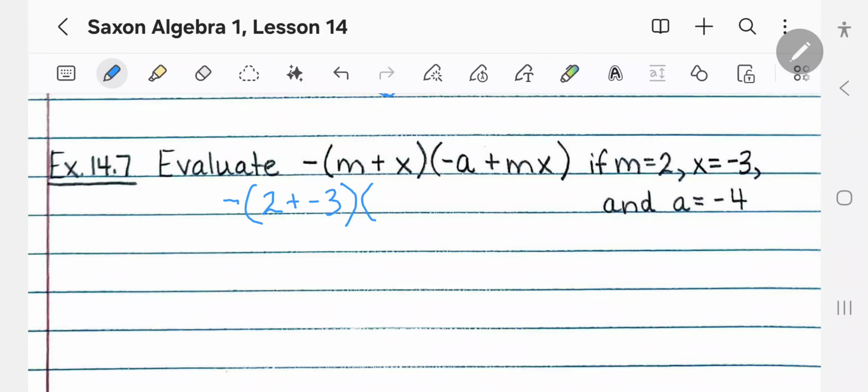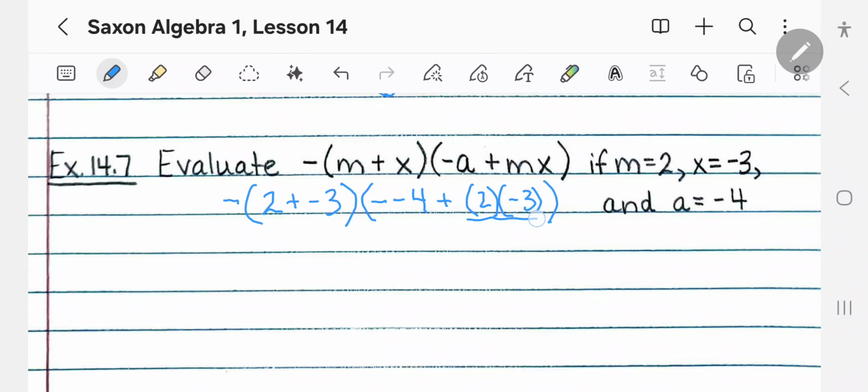And then that's the opposite of a. So that's going to be the opposite of negative 4. And then plus m, which is 2. Since this is a multiplication, I'm going to put these in parentheses. X is negative 3.